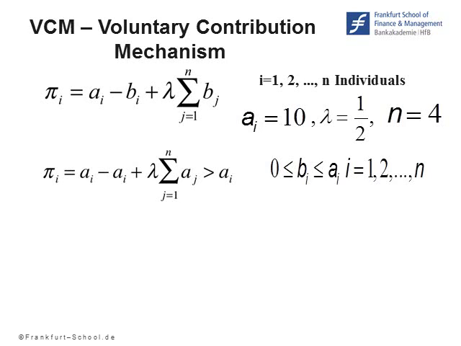But, as you can easily see, whatever the others do, it's always better not to put your money into the pot. Again, if you put in nothing and keep your 10 and the 3 other people put in everything they have, then you keep your 10. They put in everything they have, so there are 30 in it.